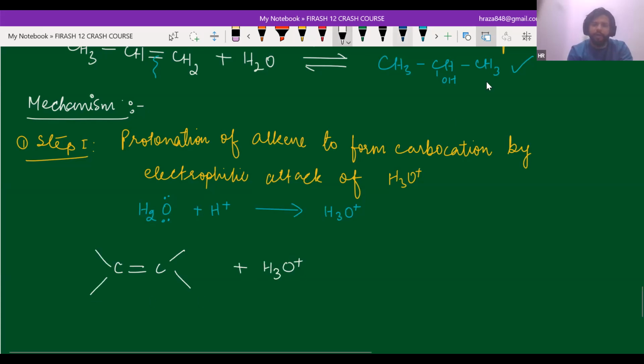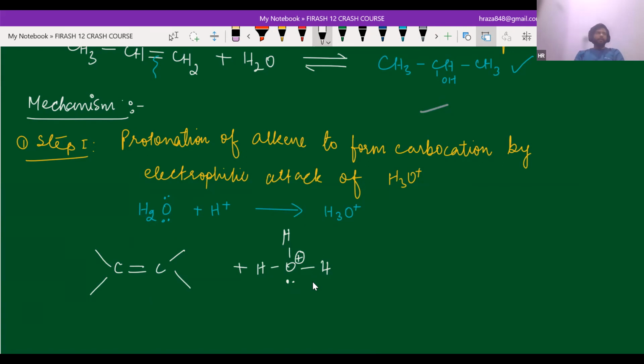How is it going to attack the alkene? As you know, this is a double bond, so it will directly attack. Wait a minute, I should explain it in this way. Can I write H3O positive in this way, with a positive sign?